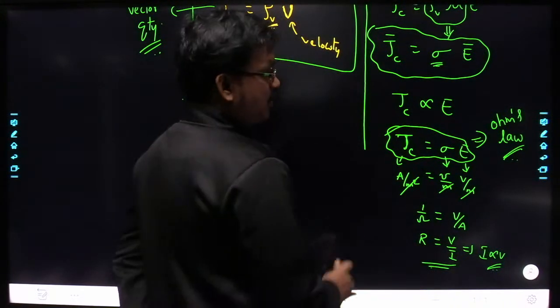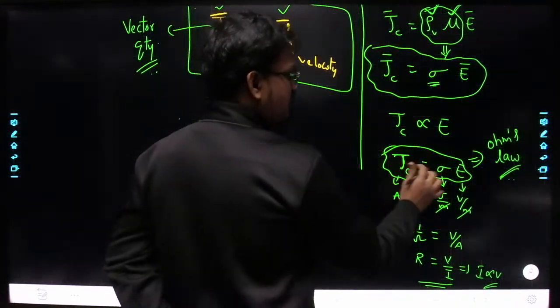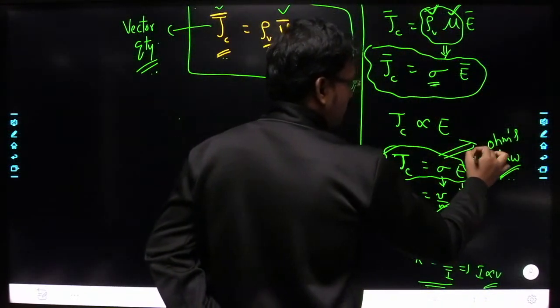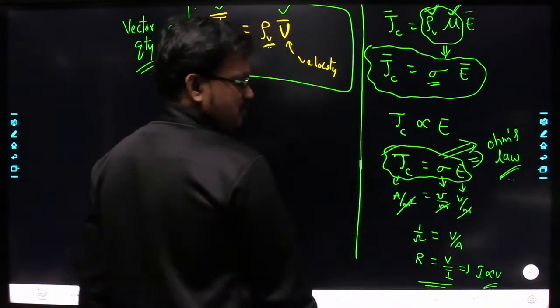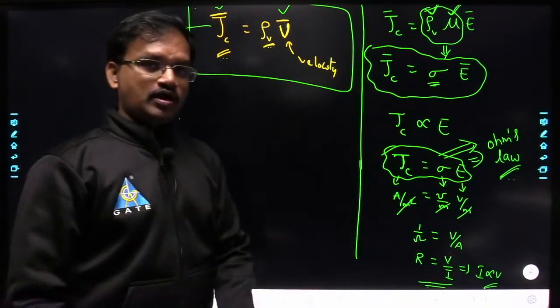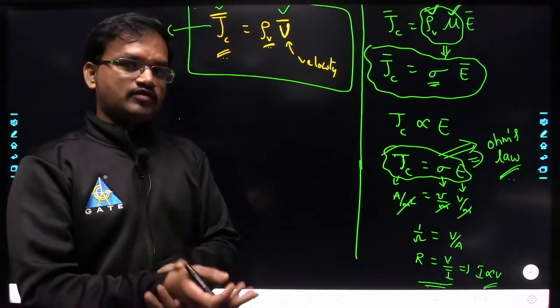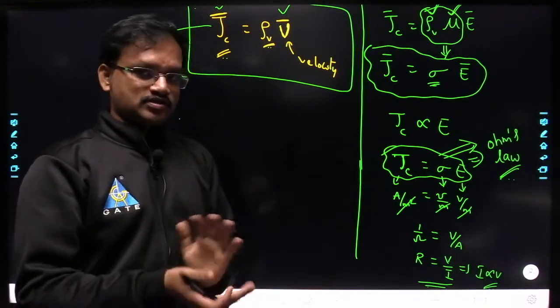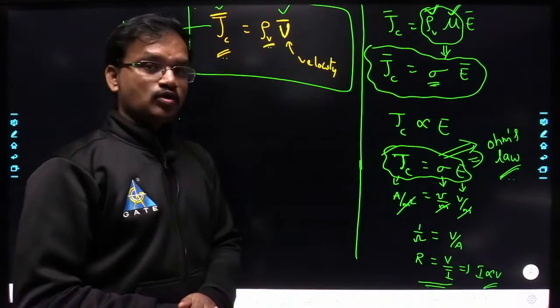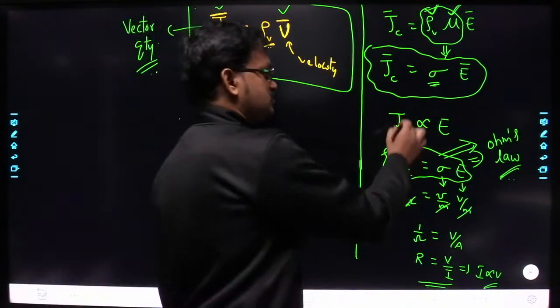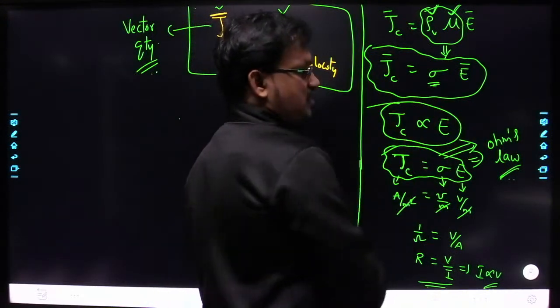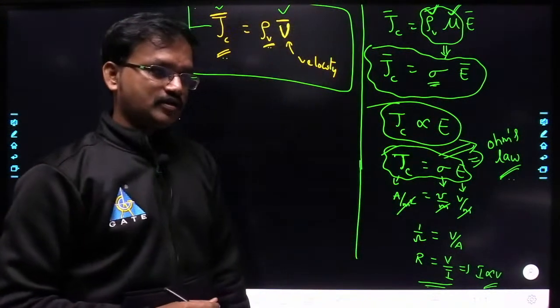This is the actual form of Ohm's law. From here only we got the Ohm's law that you use in circuit theory, network theory, analog electronics, and all the other subjects. The basic or actual Ohm's law is nothing but J is proportional to E, right?